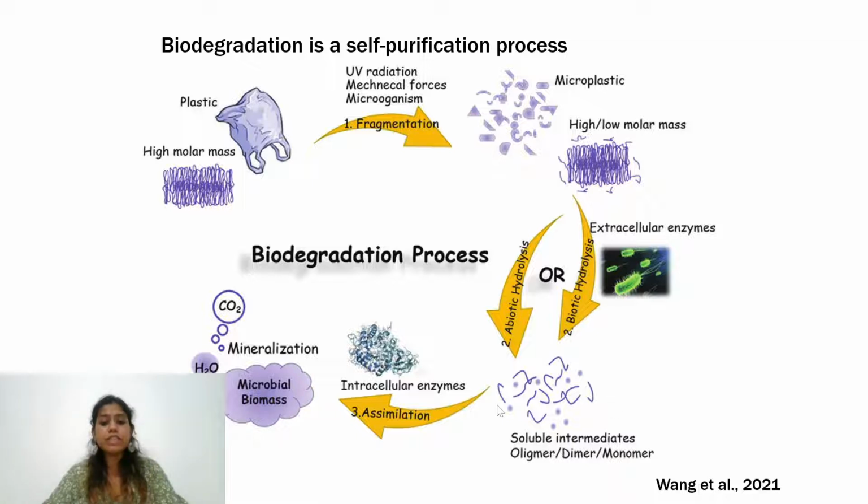After this, the next step is the assimilation process. Assimilation is where the smaller broken down products are taken as substrate by enzymes, and those substrates are then converted into biomass. In the process, carbon dioxide and water are released.